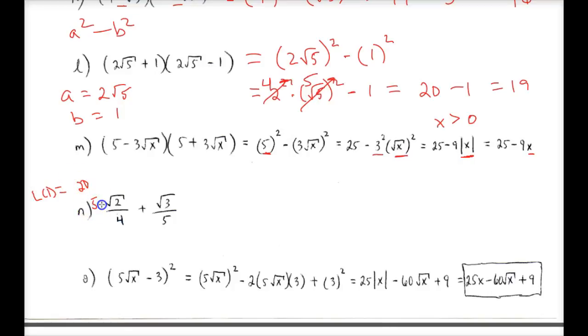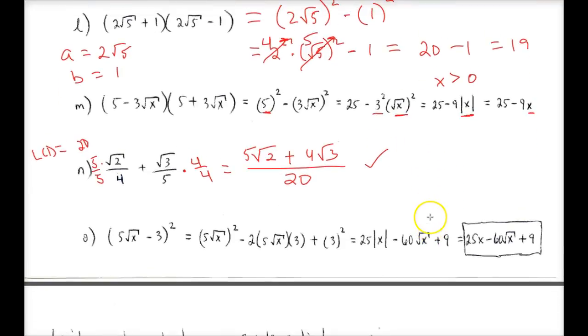That means I would need to multiply both numerator and denominator by 5 for the first fraction, and numerator and denominator by 4 for the second one. That gives us 5 times square root of 2 plus 4 times square root of 3, all over 20. Since 5 times square root of 2 and 4 times square root of 3 are unlike radicals, this would be the simplest form.